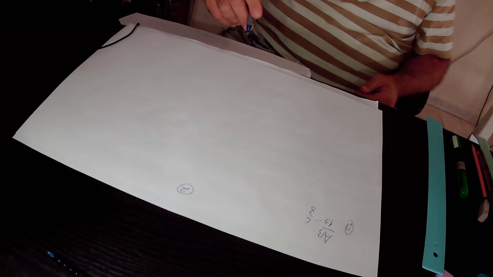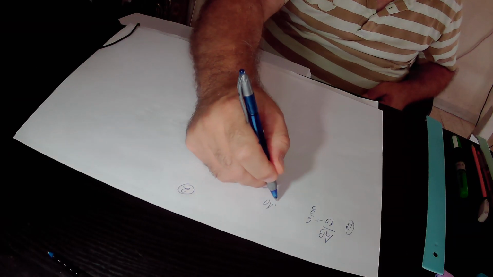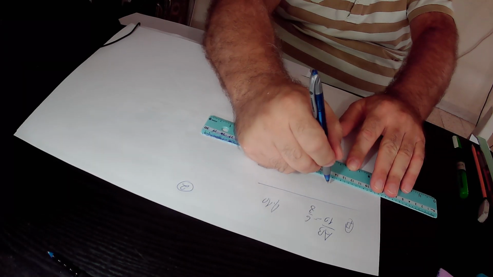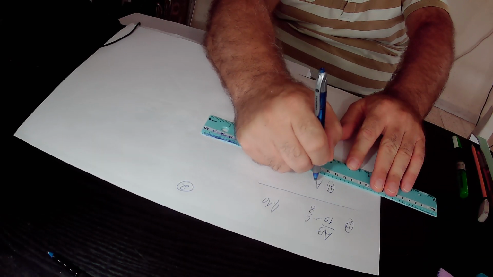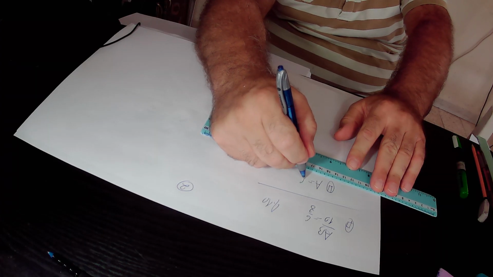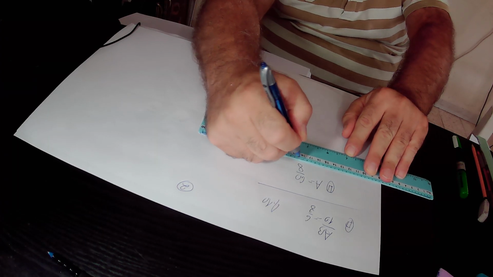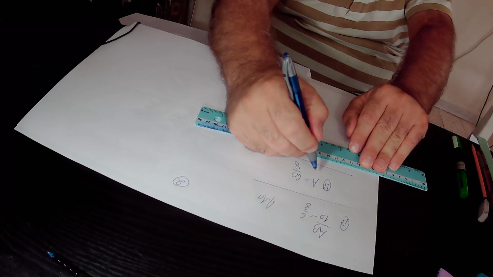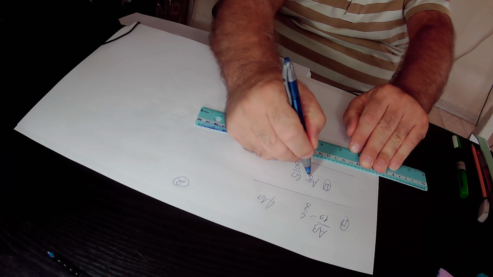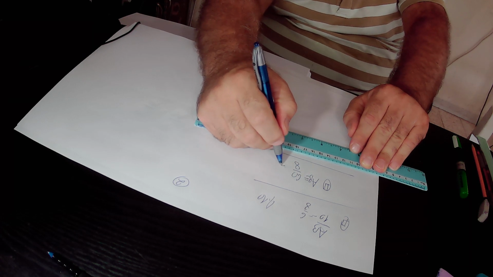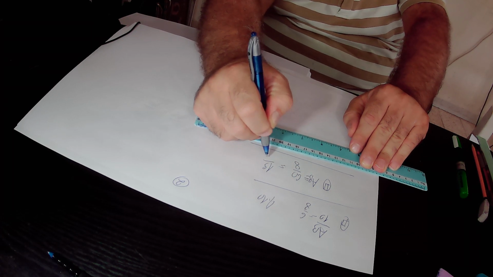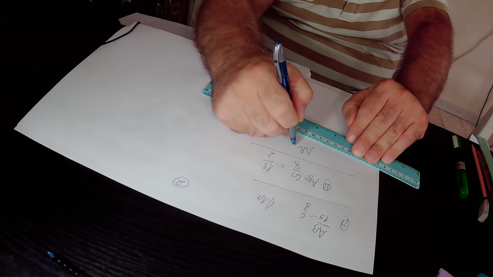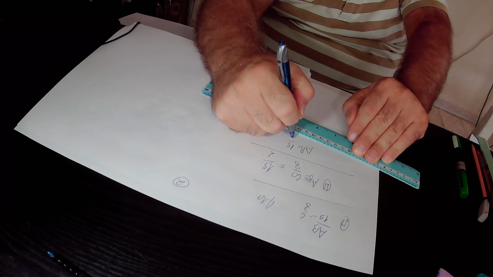Here we multiply this equation by 10, and we get that AB equals 10 times 6, which is 60, over 8. So here we divide both the numerator and the denominator of this fraction by 4, and we get that 60 over 4 is 15, and 8 over 4 is 2. So in total, we found out that AB equals 15 halves.